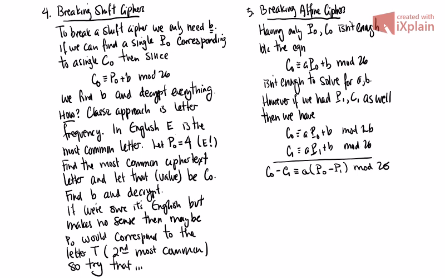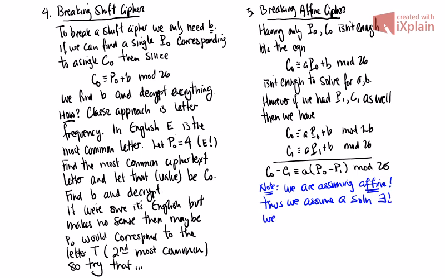Let me put a little note in here just to clarify what I'm not saying very well. So we're assuming, for right now, affine, which means we assume a solution exists.